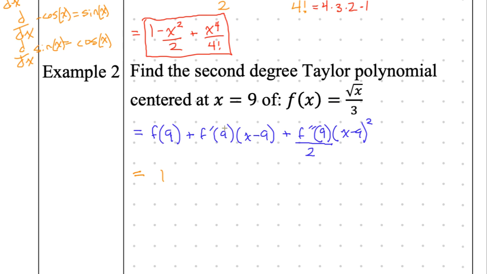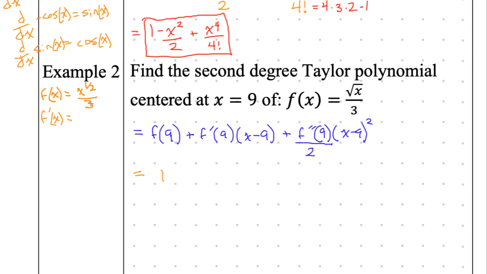Then we'll plug in 9 afterwards, right? So we'll say f prime of x, that's going to be equal to, well, maybe I should write down what f of x was with exponential notation instead of radical notation. So f of x, before I took the derivative, was not square root of x, but x to the 1/2 over 3.